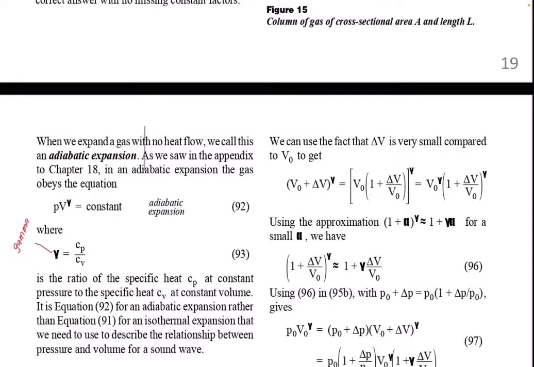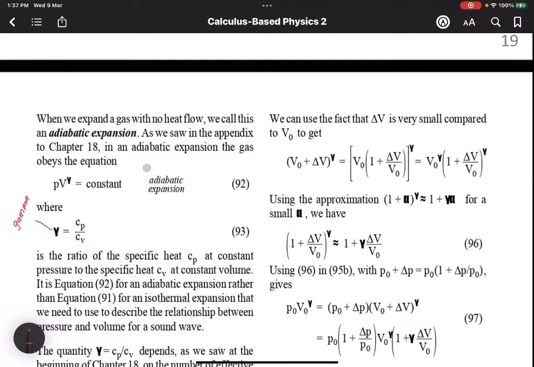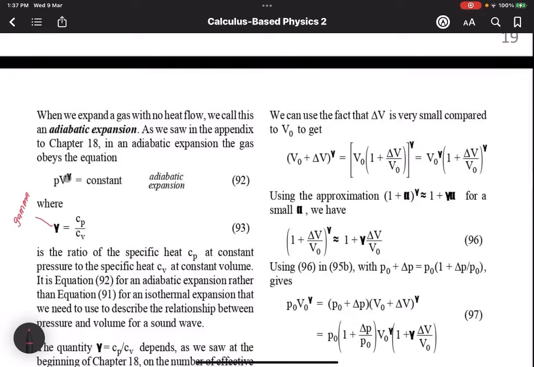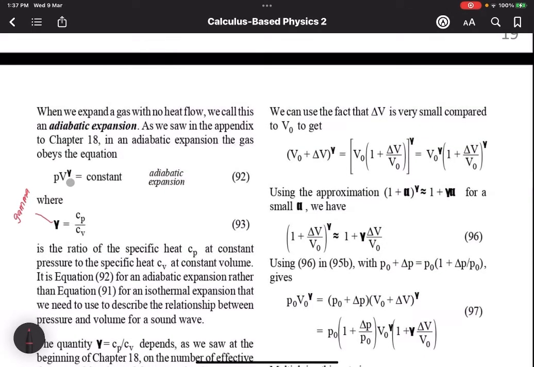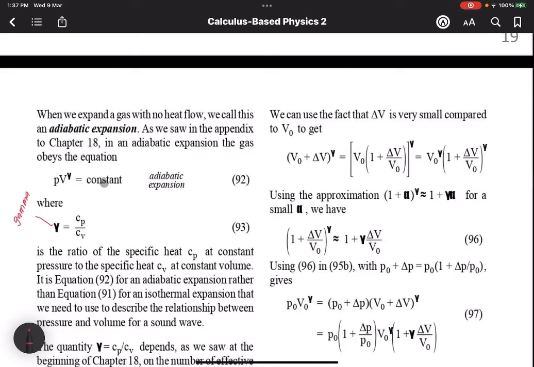When we expand a gas with no heat flow, katulad nung pinanood natin sa video, ang tawag doon ay Adiabatic Expansion. Okay? At ang ating formula for this equation is pressure times volume to the γ power, this is a gamma symbol from the Greek, is equal to constant.